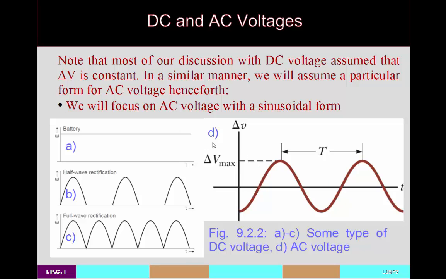This also implies that we have some equivalent to the delta V being constant, as we'll see shortly. In particular, the maximum potential difference is constant if you just have a simple sine wave. And as we will find, there is also an average potential difference, which will also be constant over many waves.